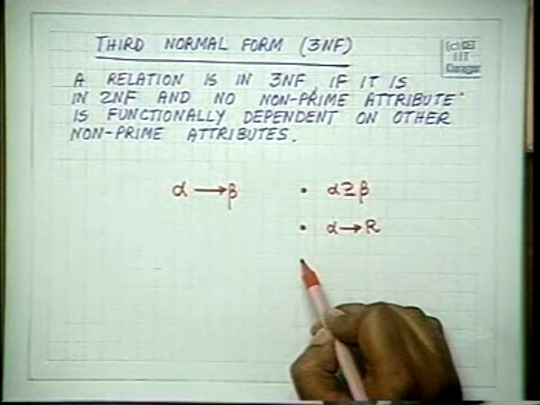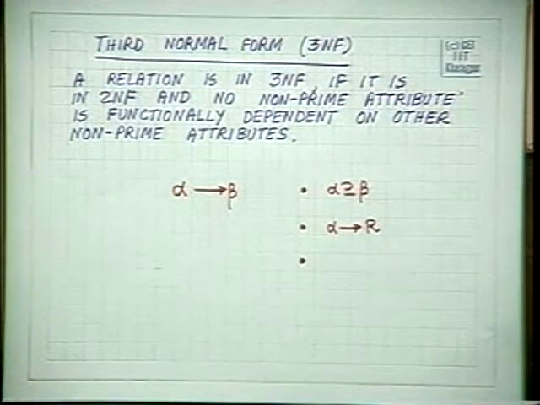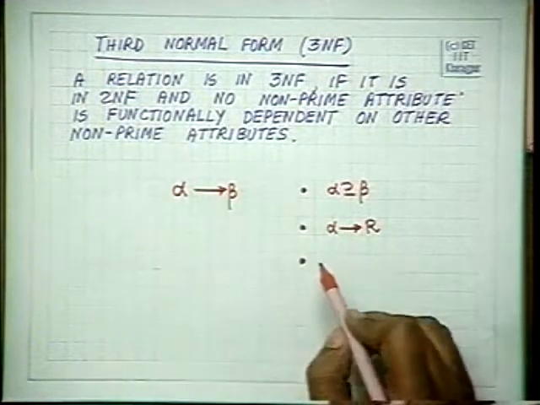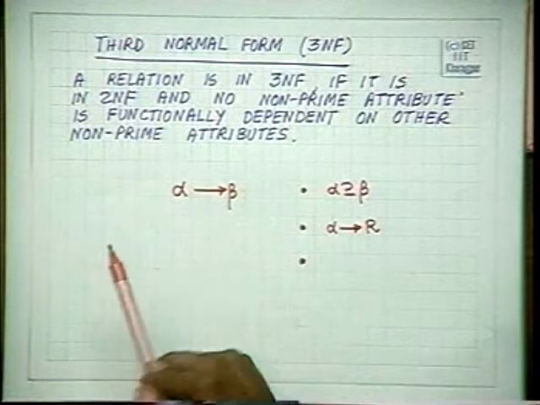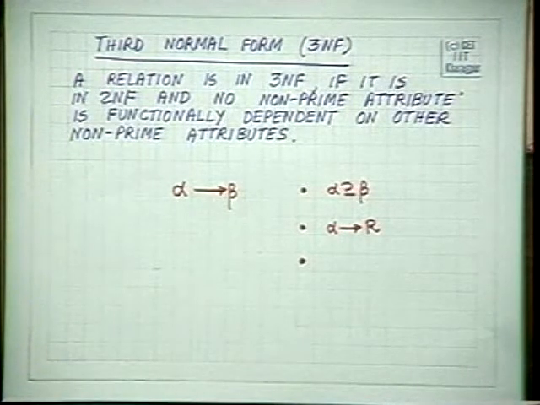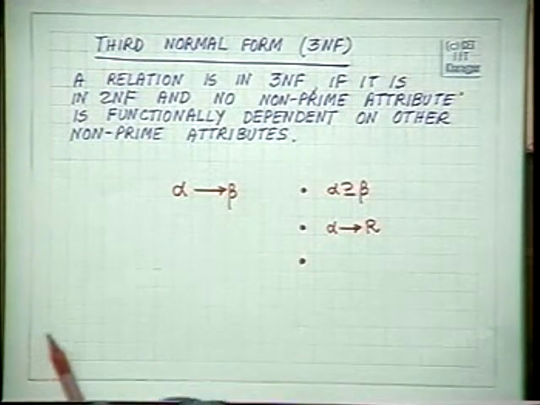But what additional things may happen in 2NF? In 2NF we can have non-prime attributes functionally dependent on other non-prime attributes. That is what can happen in 2NF. In 3NF this cannot happen.